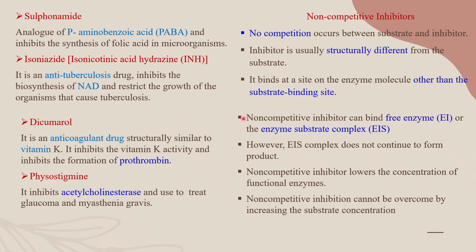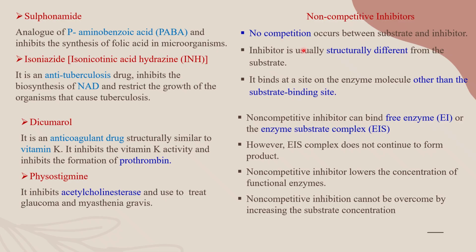Then move on to the non-competitive inhibitors. So what is the important feature of these inhibitors? The non-competitive inhibition occurs between the substrate and the inhibitors, and the inhibitor is usually structurally different from the substrate.